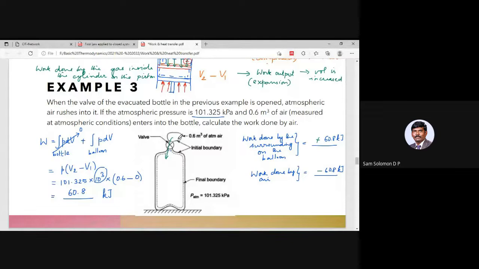We are not talking with reference to the bottle, we are talking with reference to the balloon. So the work done by air in this case is negative because the boundary is shrinking, or the volume is getting reduced. So whenever the volume is reduced, you can take that as work input. Okay.